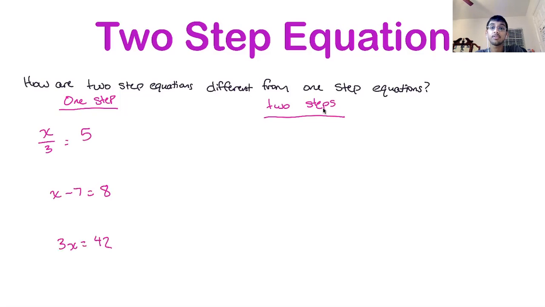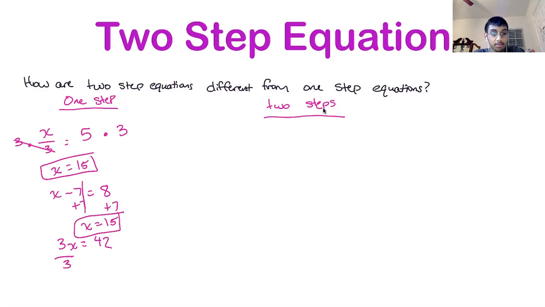In these one-step equations, there's only one step we have to do to isolate the variable. In the first, I would just multiply times 3 to get rid of everything on the left side to figure out that x is 15, right? In this one, I would just have to add 7 to figure out that x is 15. In this one, I would just have to divide by 3, and you'd get the same exact things. One step to solve those.